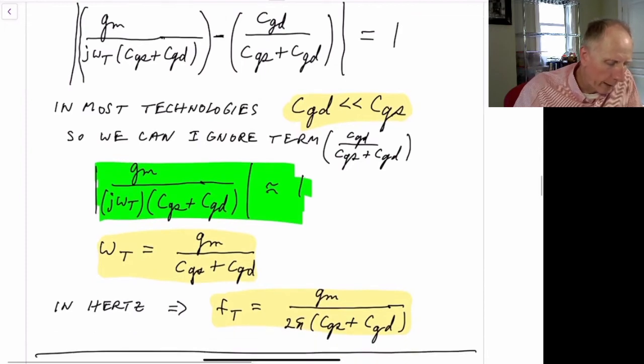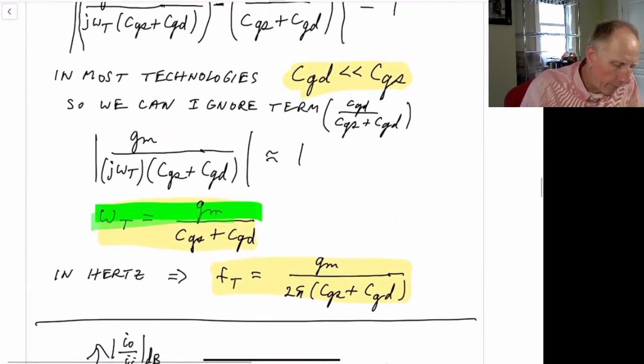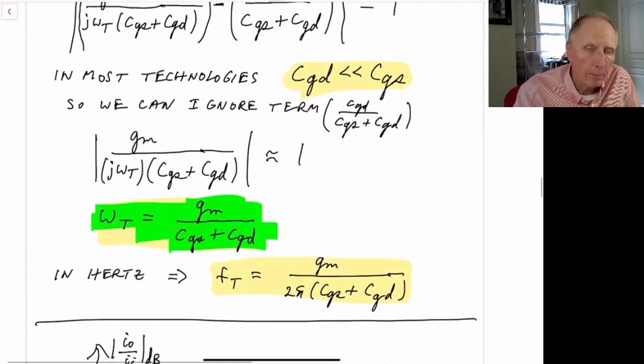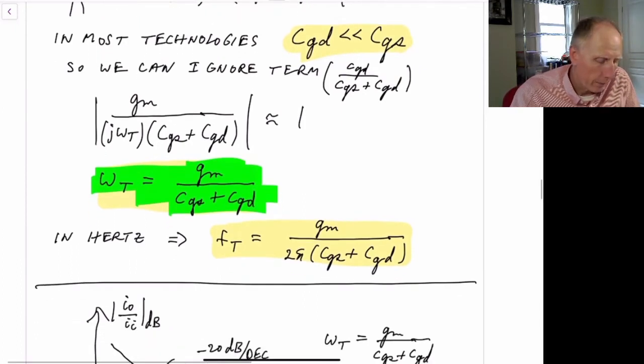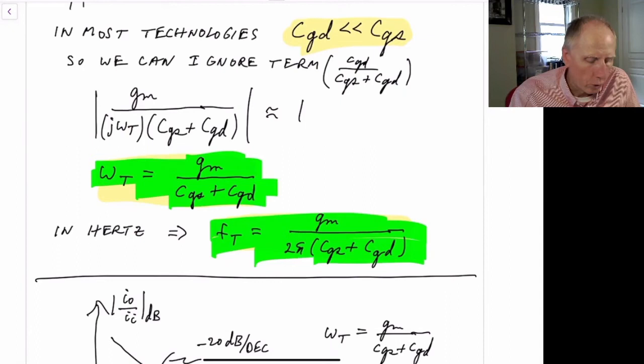We solve this for omega t, and we end up with the final result that the unity gain frequency for a transistor is just given by GM divided by CGS plus CGD. That's in radians per second. If we want it in hertz, it's equal to GM divided by 2 pi times CGS plus CGD.